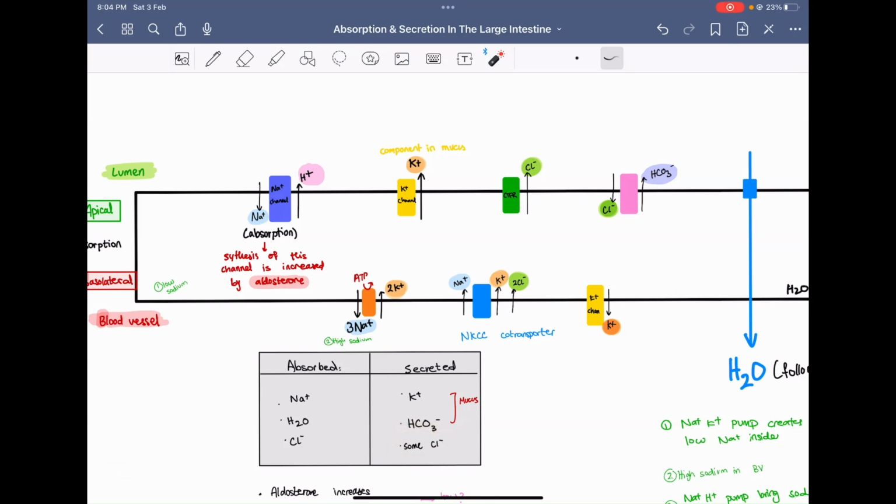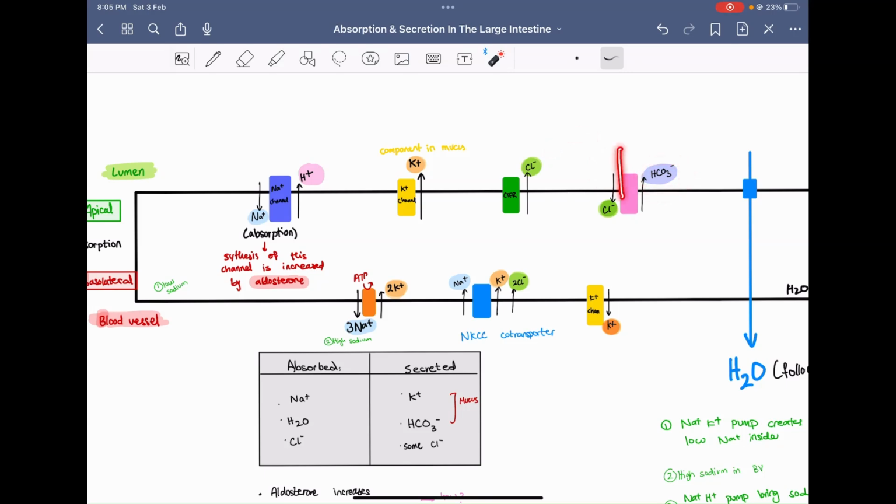Now we have this CFTR transporter, or the cystic fibrosis transmembrane transporter. And what it does is that it takes some chloride out. Honestly, the way I remember it is that you need to maintain some chloride out in order to eventually bring it back into the cell in exchange for some bicarb.